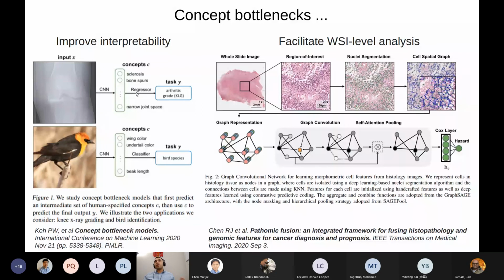And then to use a very simple linear model or any other variant that is very simple to map these concepts to the final task you're trying to predict.